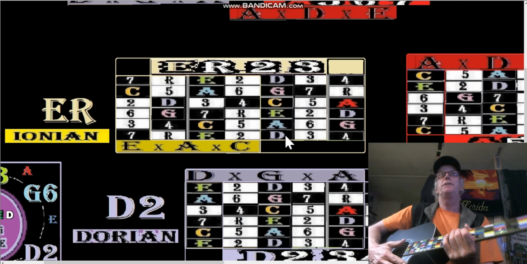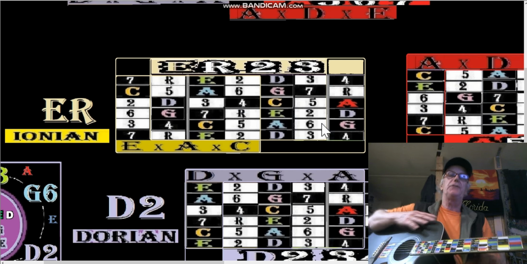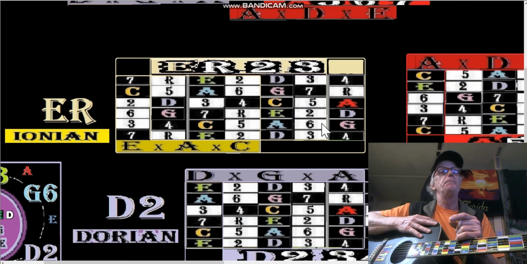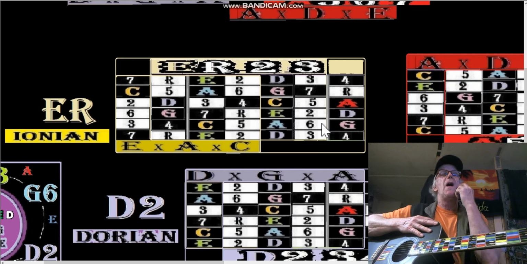Now, if we go into the Aeolian cage, which we'll talk about, that adds the flatted 7th and the flatted 3rd for you. That's the flatted 3rd of the root. It's going to add that blues note for you. And then we'll be hitting that note too.